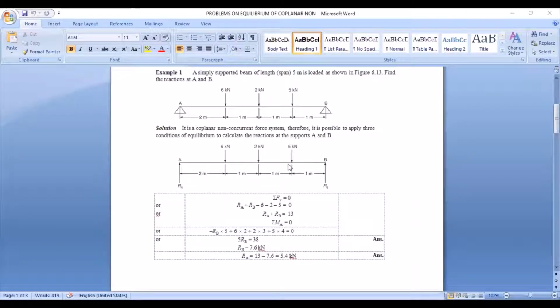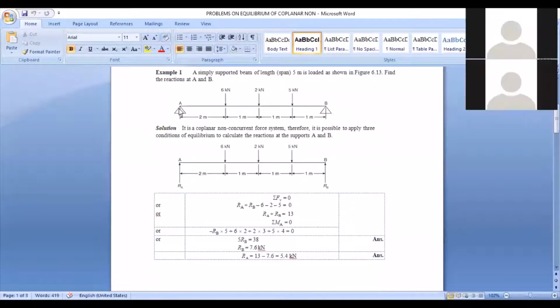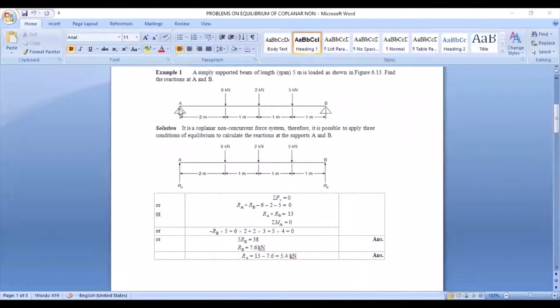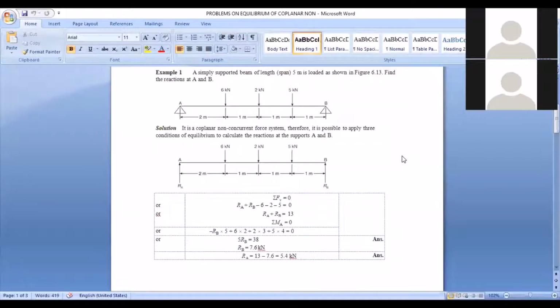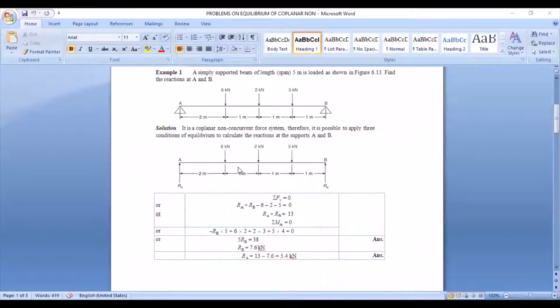Now the next thing is reactions. What are reactions? Reactions are nothing but the substitution for the supports. Now, as you all can see, the support at A and B, what type of support is it? It is a hinged type of support. Now, we all know that a hinged support has two reactions, one vertical and one horizontal reaction. Now, in this specific free body diagram, we see only the vertical reaction and we do not see any horizontal reaction.